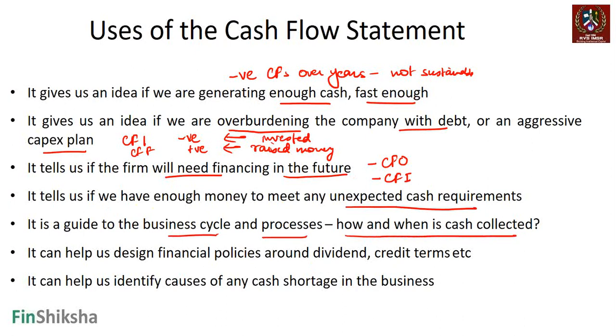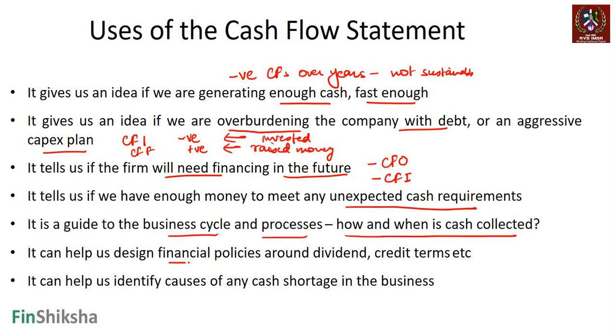So cash flow tells you how much of your sales gets realized from time to time, how much of expenses get paid from time to time, and that gives a guide in terms of how much money you are expected to make given a certain amount of sales and profit.